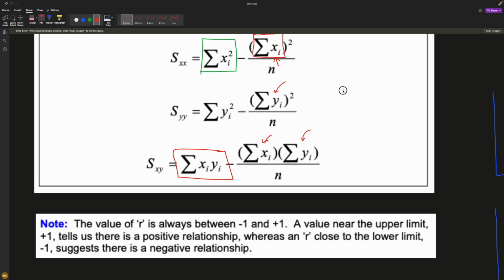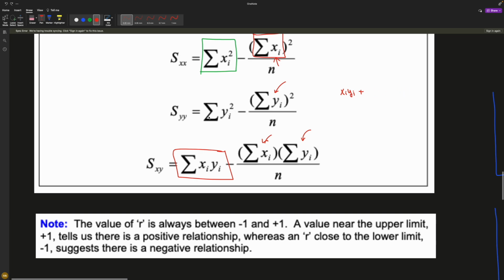So this is your X at i times your Y at i, plus your X at i+1 times your Y at i+1, plus your X at i+2 times your Y at i+2, plus, and so on. So that's basically what this one tells you.